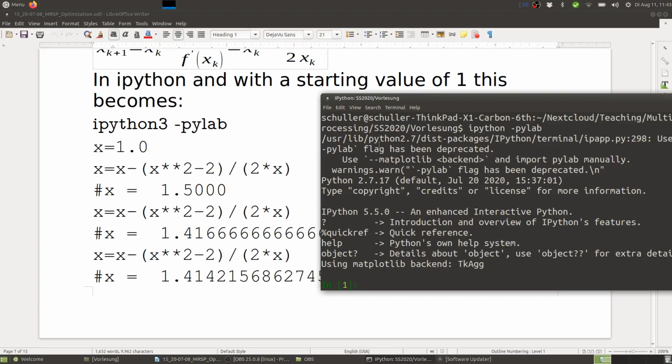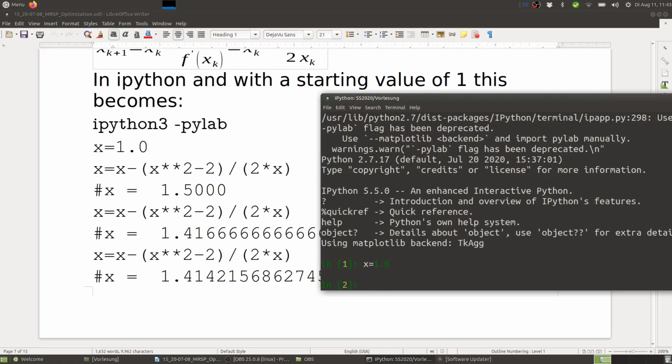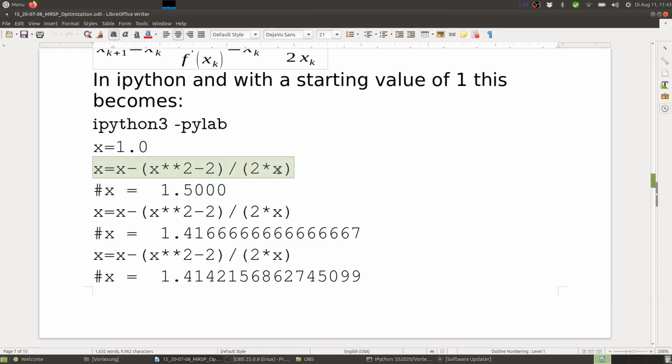So we take some starting point. This is x naught equals 1.0. So this is for k equals 0 basically. And then this is the update, right? So here you can see there is no k, because implicitly on the right hand side this is the old k, and on the left hand side we have k plus 1, right?